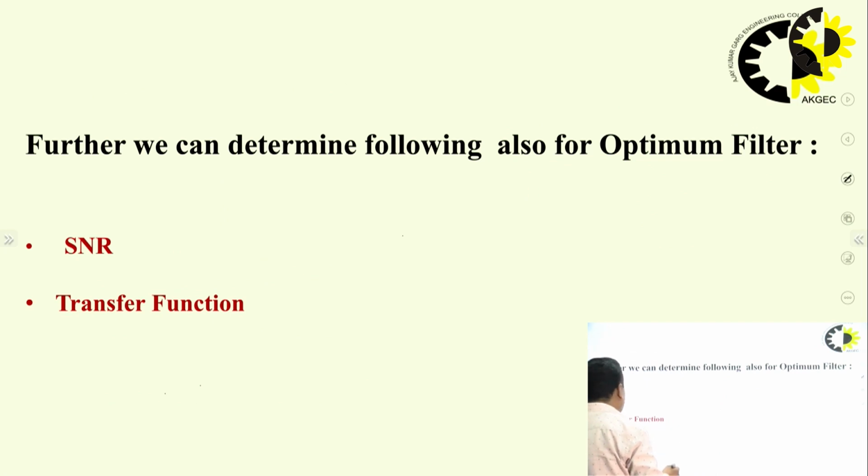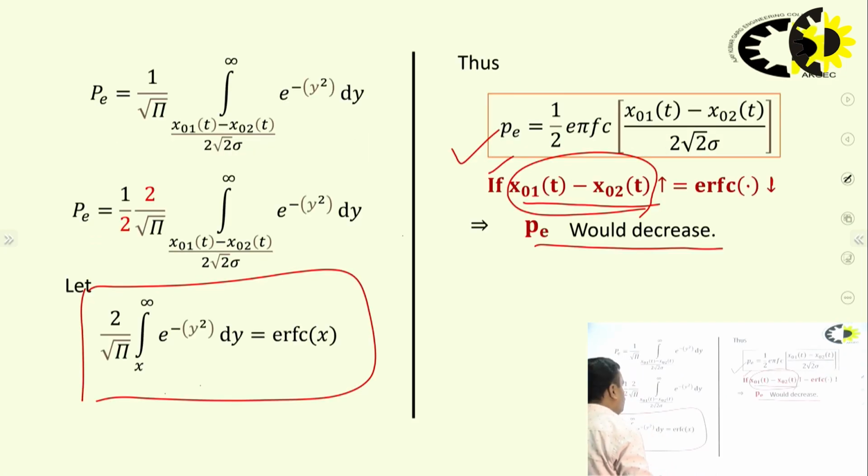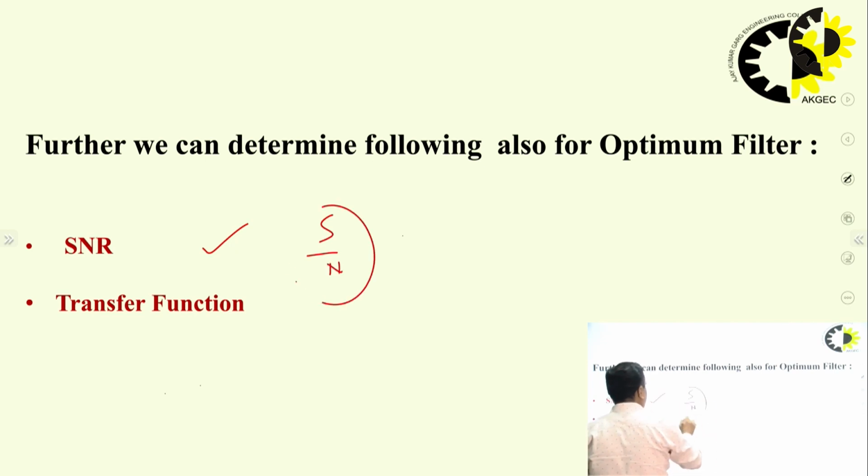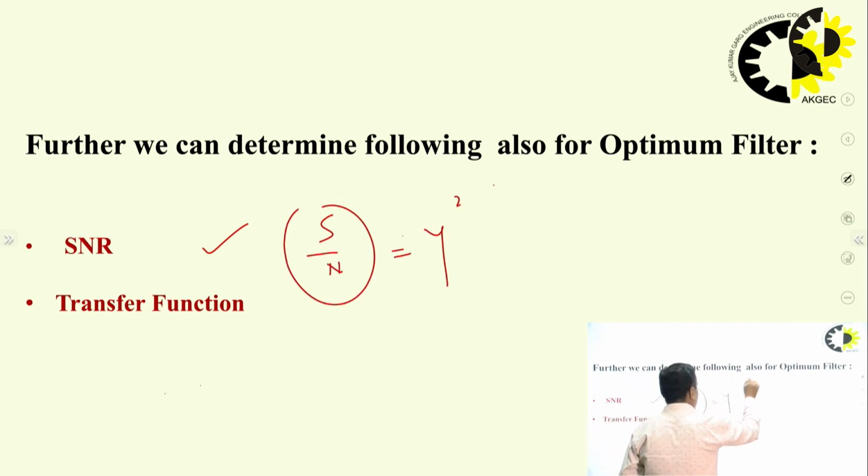Next, after this expression of probability of error in the optimum filter, you can also derive the expression for its signal to noise ratio S upon N. Generally we assume gamma square as the signal to noise ratio.